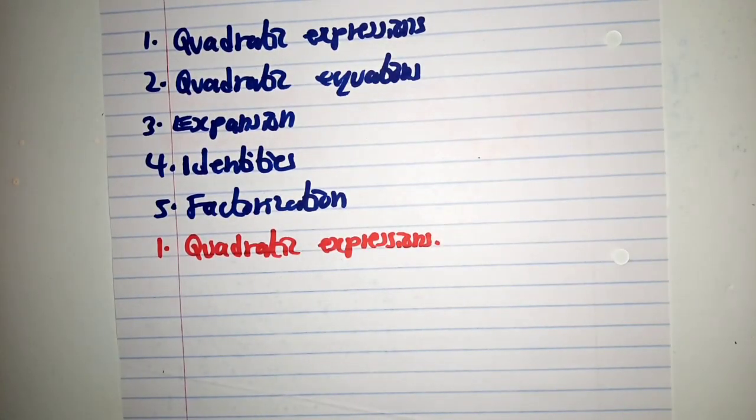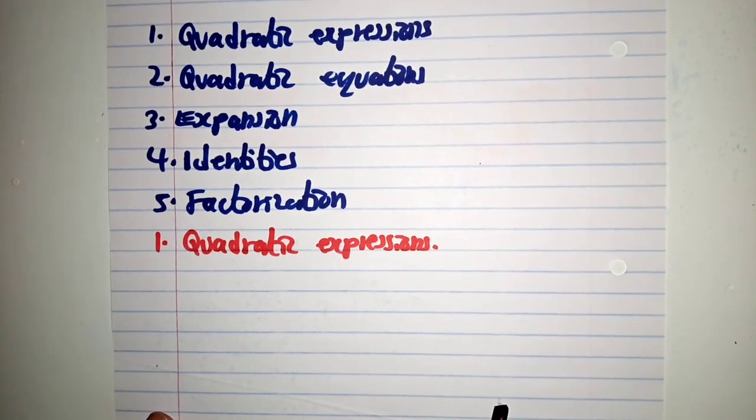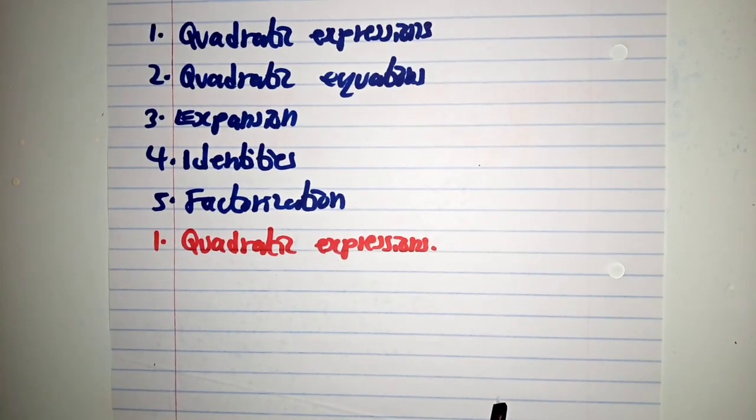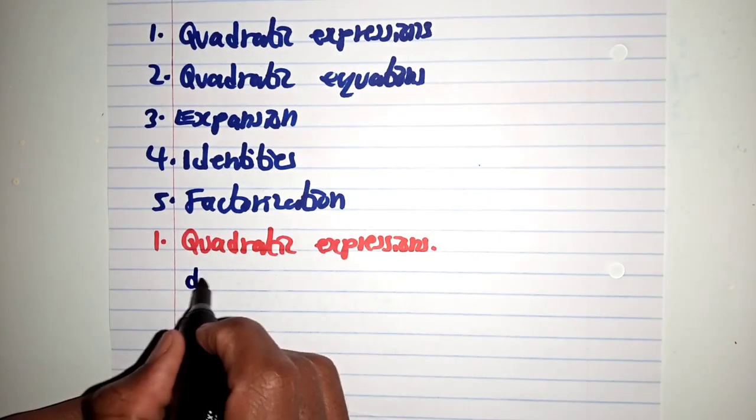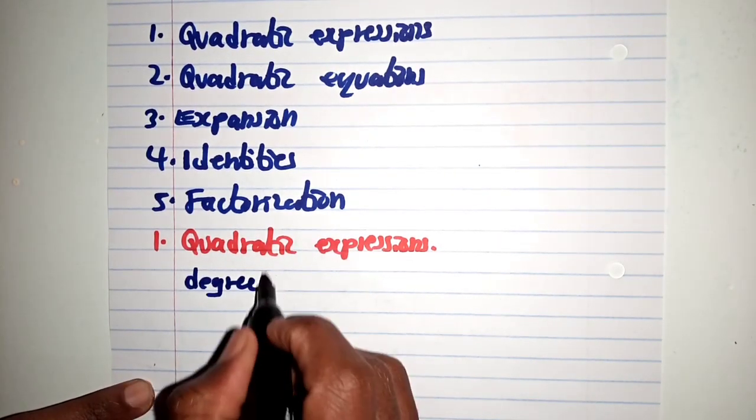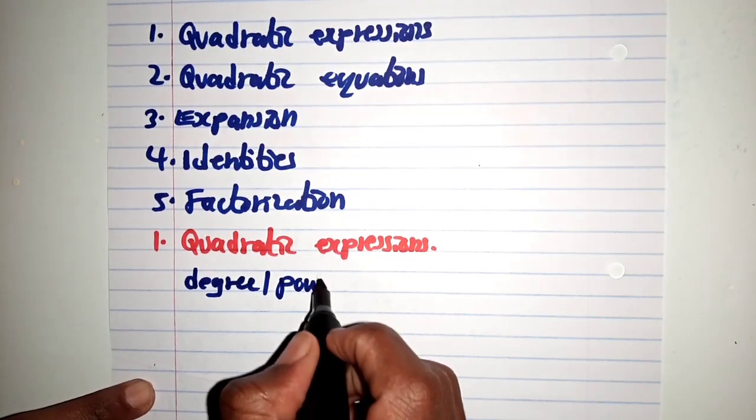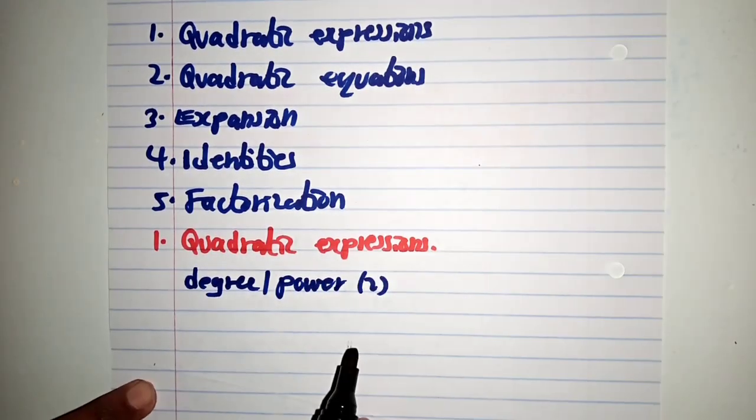So what is a quadratic expression? Or what makes an expression a quadratic one? A quadratic expression is simply a mathematical expression whose degree or power is 2.